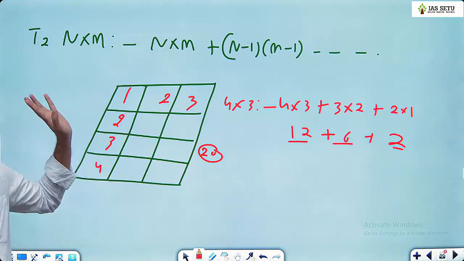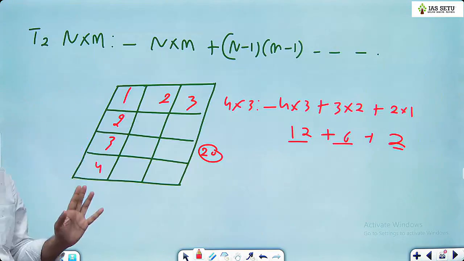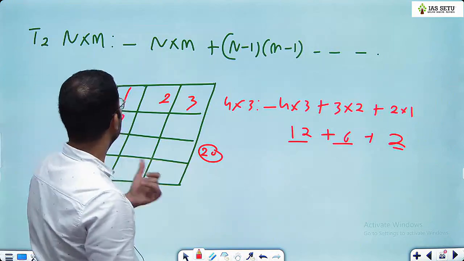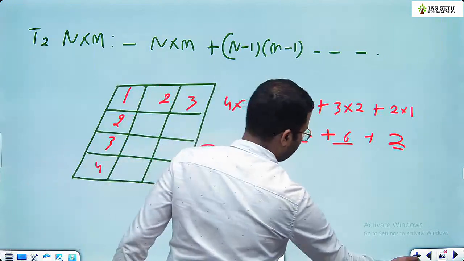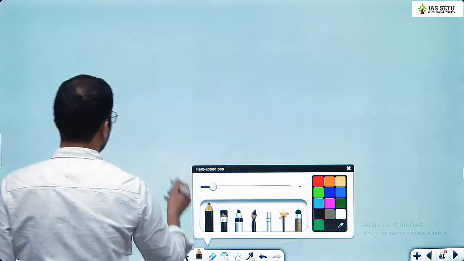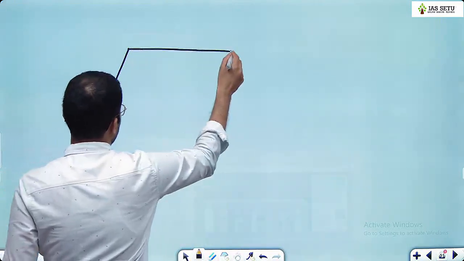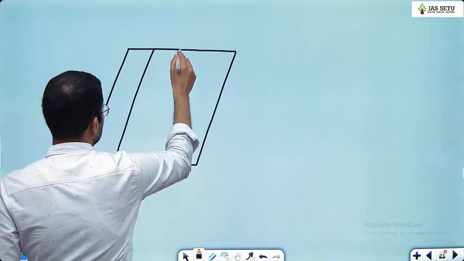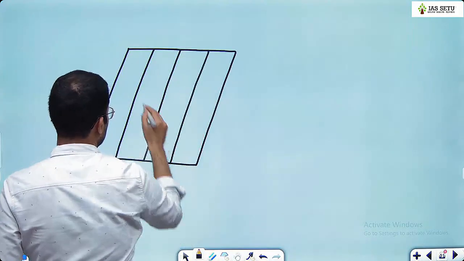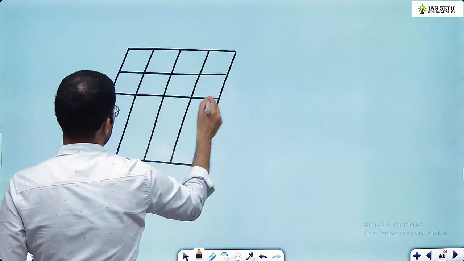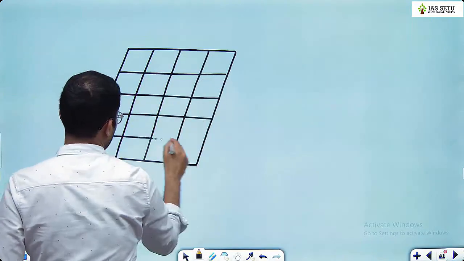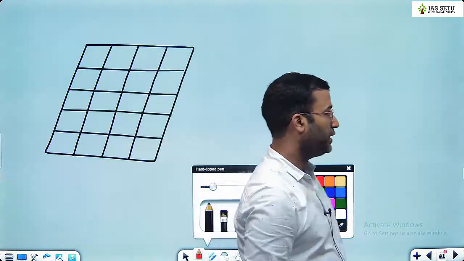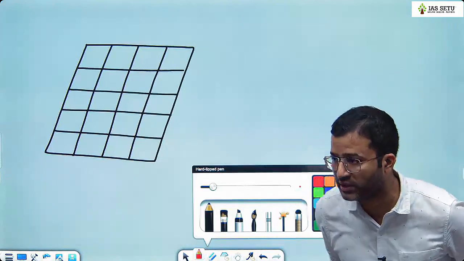Same like our square formula. So we have only two formulas, one square, one rectangle. That is applicable. Now you try one question. In the given figure, we have to see how many rhombus are there.